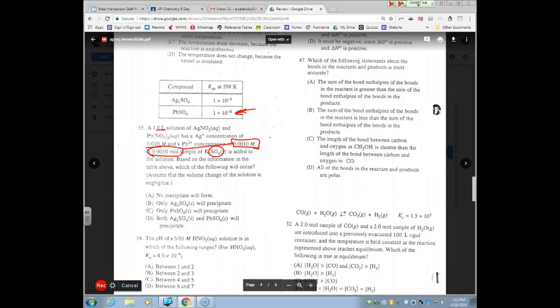So we're going to take out all of our lead, and we're going to take out all of our sulfate. So that means the silver is going to stay in solution. It would only precipitate if I added way more of that potassium sulfate or had another source of those sulfate ions. So the correct answer for this one is C. It was a tricky little problem.